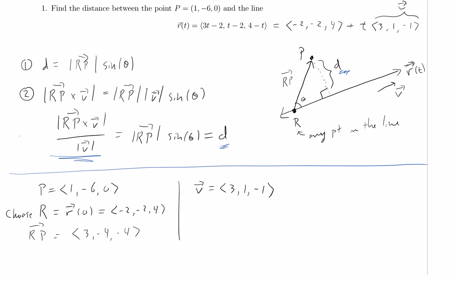Okay, we also need a couple more things. We need the length of this vector, which we can easily see is the square root of 11. And we need the cross product of RP with V. And if you compute this, you will get that the cross product is (8, -9, 15).